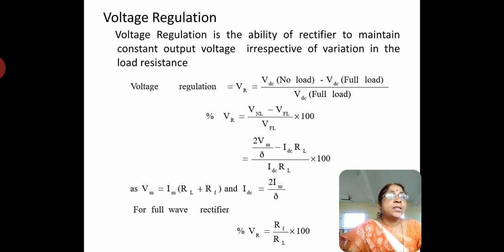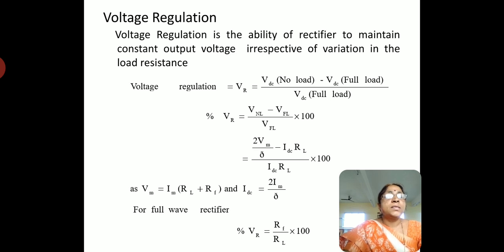Therefore, the voltage regulation VR is equal to VDC of no load minus VDC of full load divided by VDC of full load. So it is VNL minus VFL divided by VFL into 100, because we are going to measure the voltage regulation in terms of percentage.